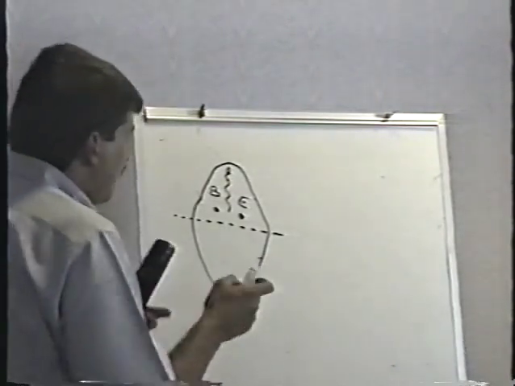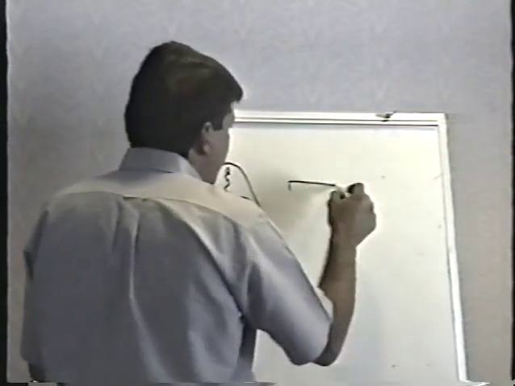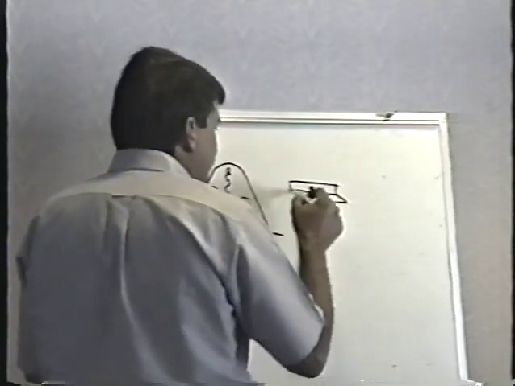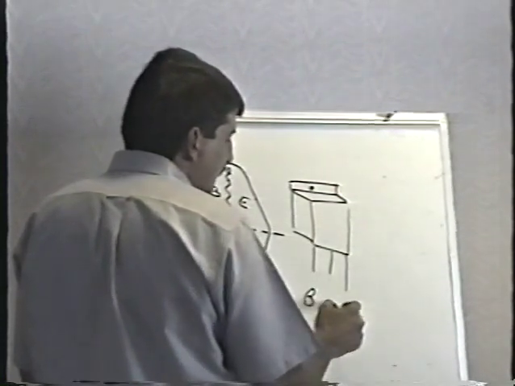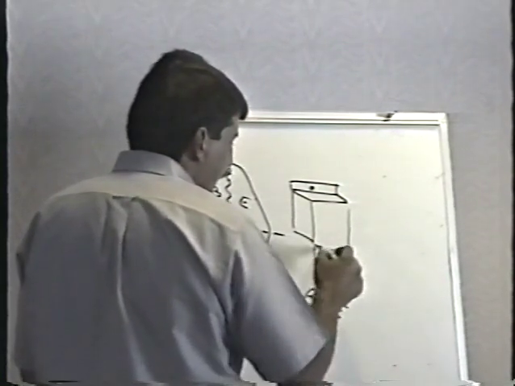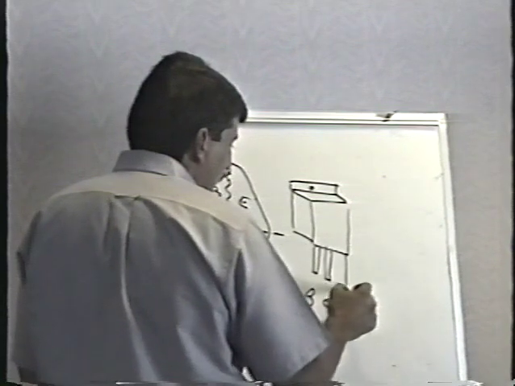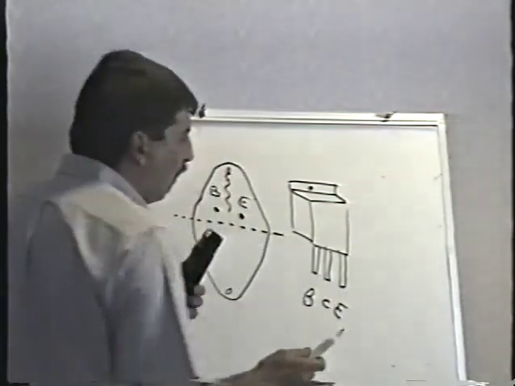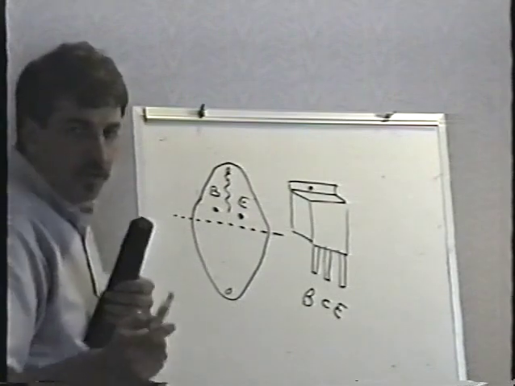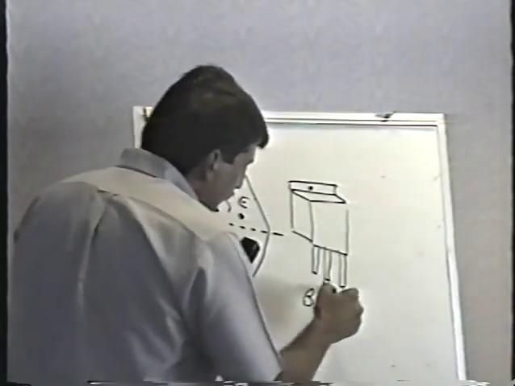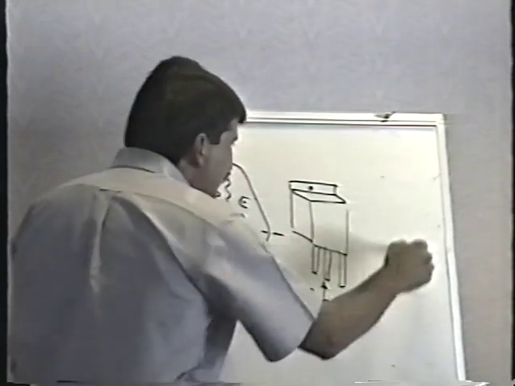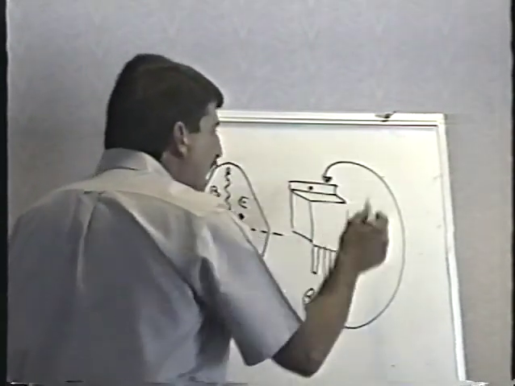The TO220 package, extremely easy, alphabetical order. Base, collector, emitter from left to right. B, C, E. Also, very important, in the TO220 package, the center leg is connected to the metal tab on the top.